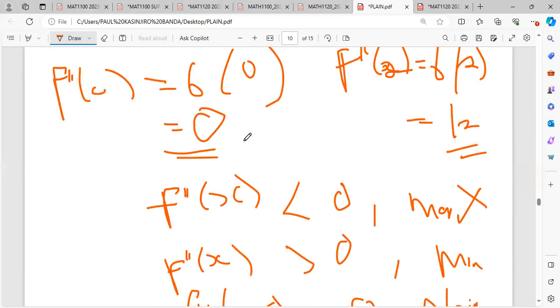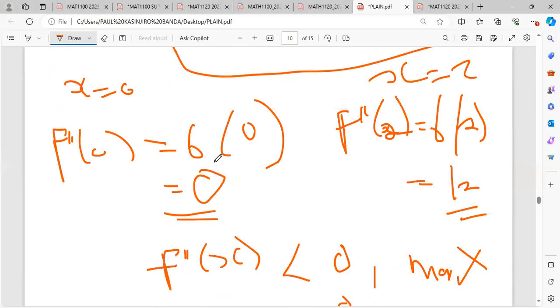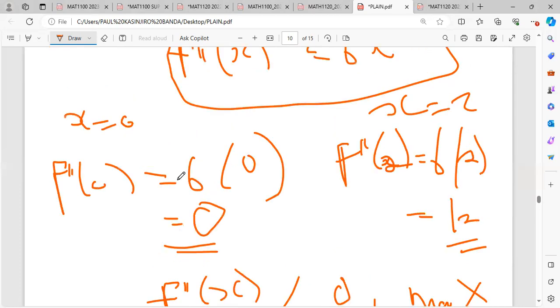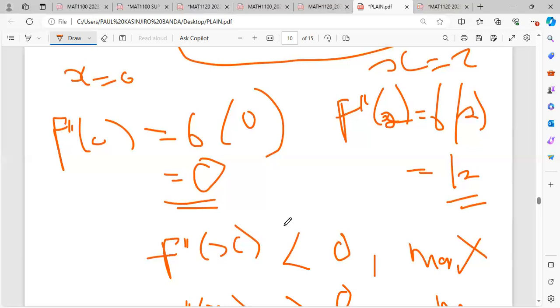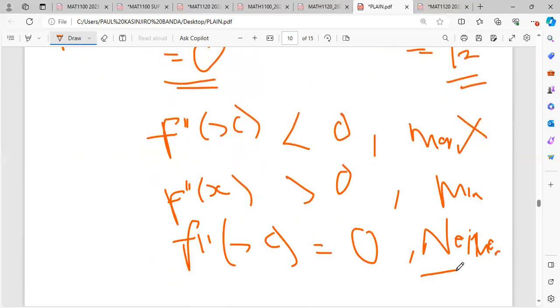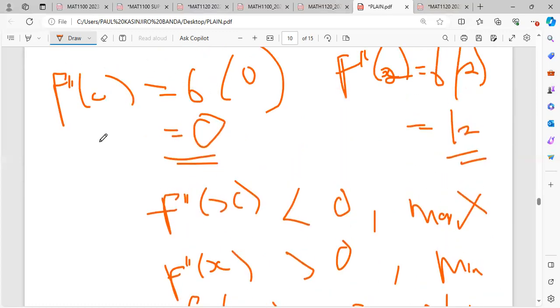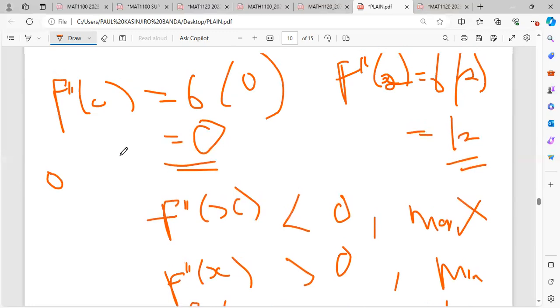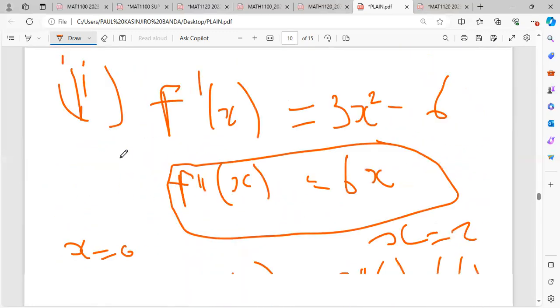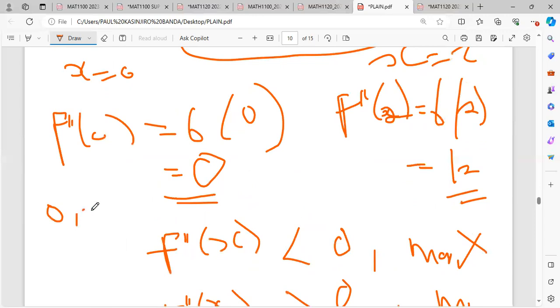You can see that at this point where x is equal to 0, the second derivative is equal to 0, meaning it's neither maximum nor minimum at this point. So this is 0, 4. At 0, 4, we can say it's neither, according to what we found here. That's the nature.